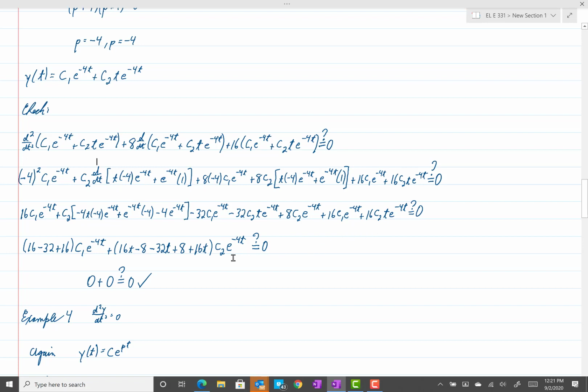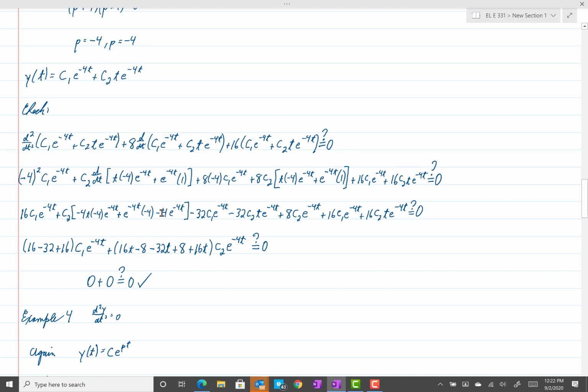And so finally, when we group all the terms involving c1 e to the minus 4t together, and all the terms involving c2 e to the minus 4t together, we'll get, okay, the first one gives us this 16, and then the next one, here we have 16t times c2 e to the minus 4t, so that's right there. And then these two terms can be combined.